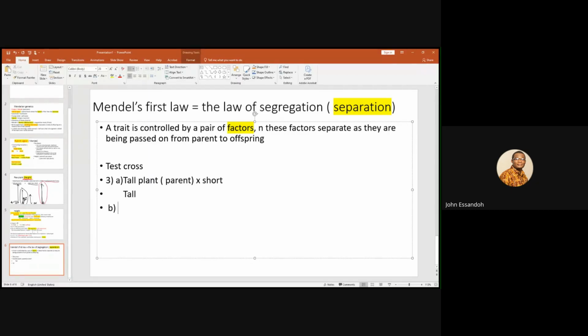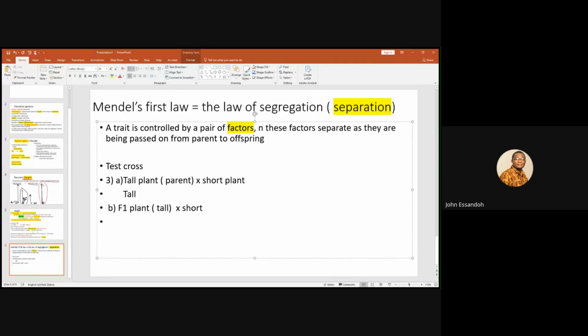He crossed another tall plant, the F1, because the F1 is tall, with what? With short plant, right? F1 plant with short. And guess what?